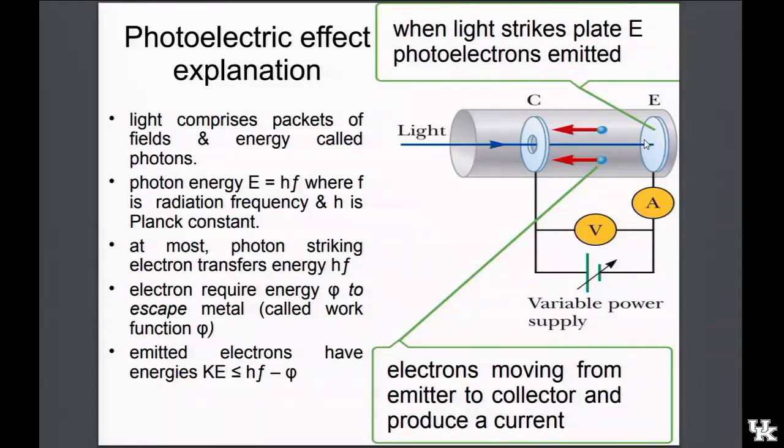That amount of energy is called the work function, given the symbol phi. So in the individual collision, the photon could give all its energy to the electron, but the electron would have to use some of it up to get out of the metal for us to see it. And so we subtract off that amount of energy, the work function of the metal, the phi. So that's this piece here.